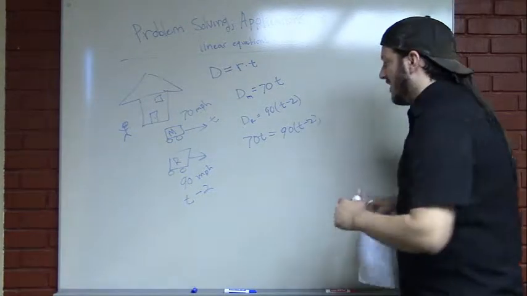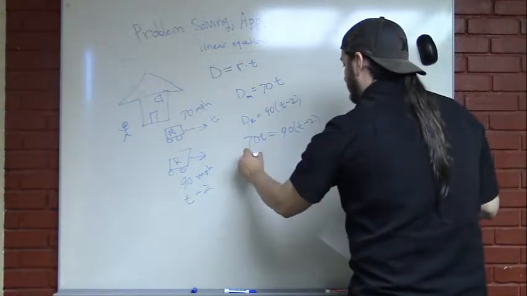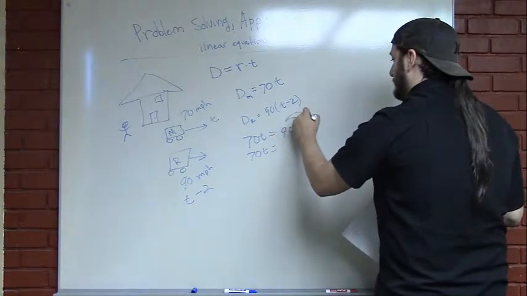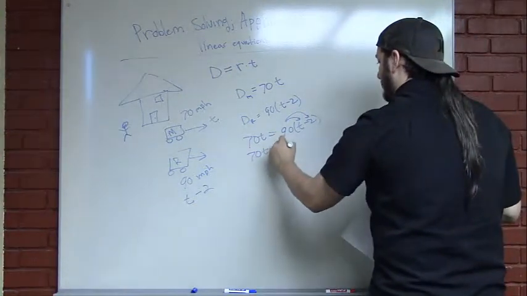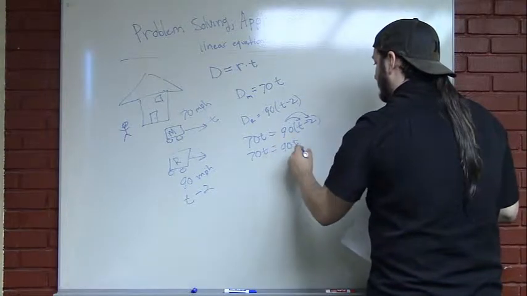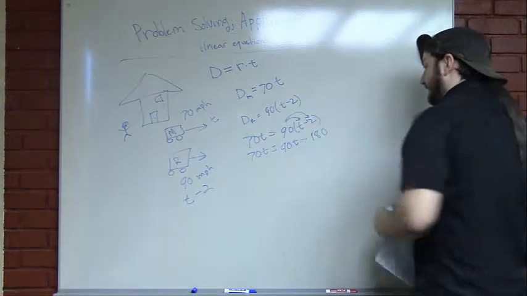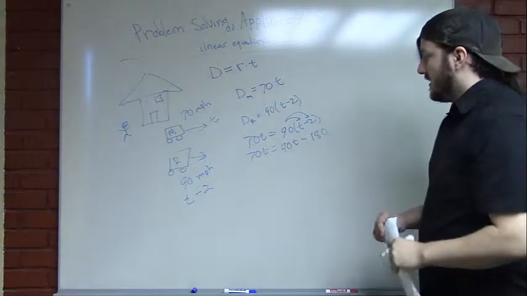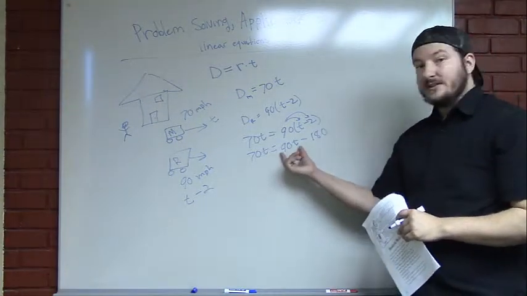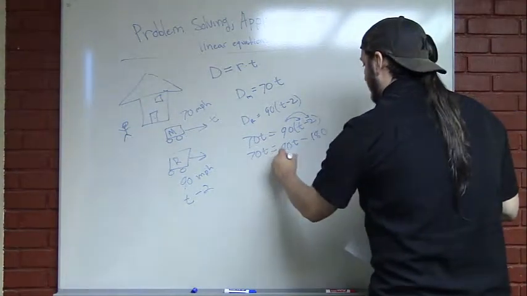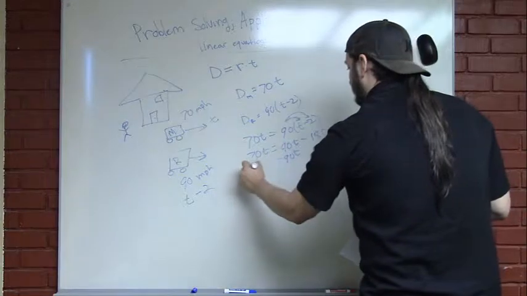Okay? With that being said, you just solve it now. So we have 70t equals, we're going to distribute the 90, so we have 90t minus 90 times 2 is going to be 180. Okay? Now we have something with a t over here, something with a t over here. You're going to subtract this over. So we have negative 90t on both sides.